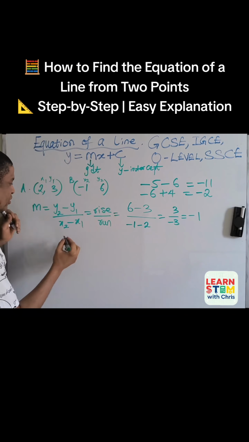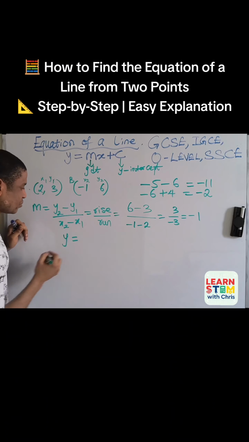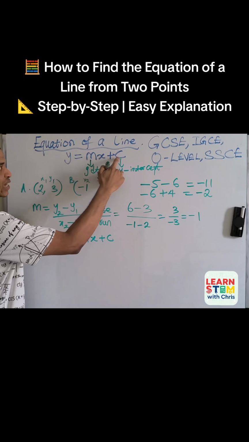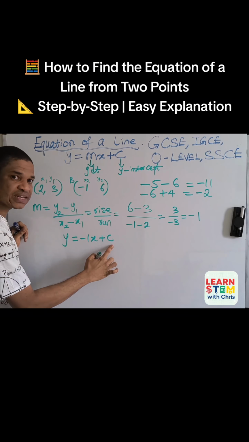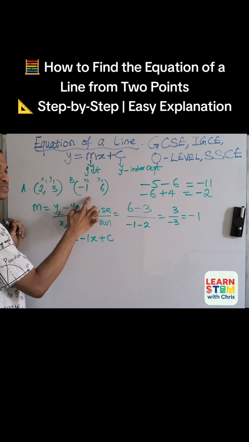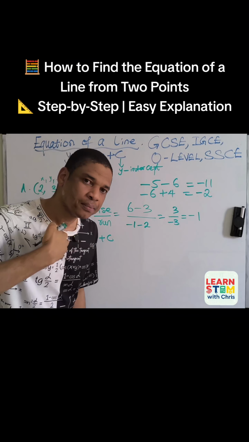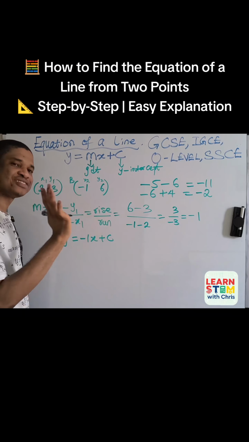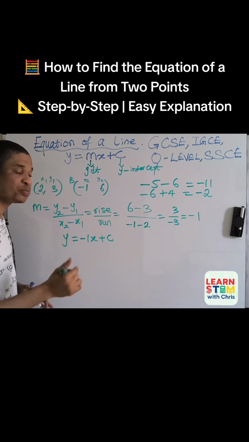So I'm done with the first part. y equals -1x plus c. I found this, so I need to find c. In finding c, you can use any of the points. I hate minus, so I will use the plus one. You get the same thing. I think I will use both.